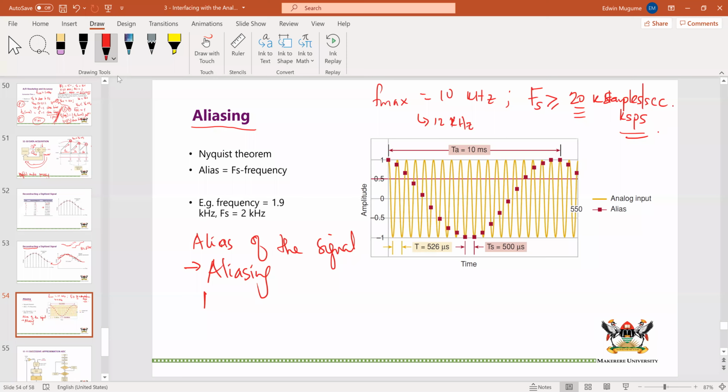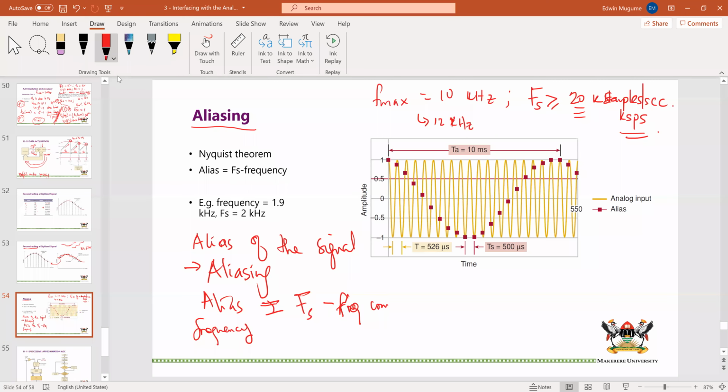The alias frequency will be created at Fs, the frequency of sampling, minus the frequency component that appears above what we took as our maximum frequency.